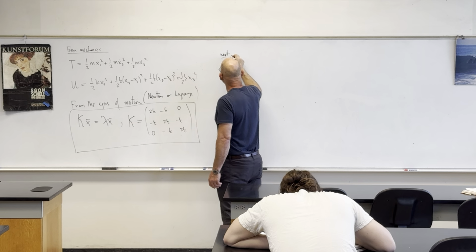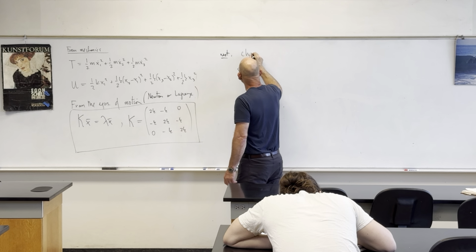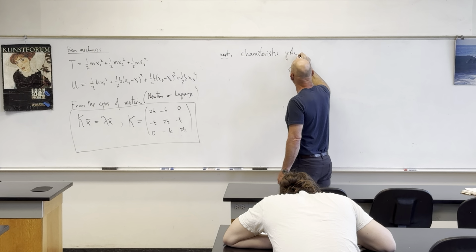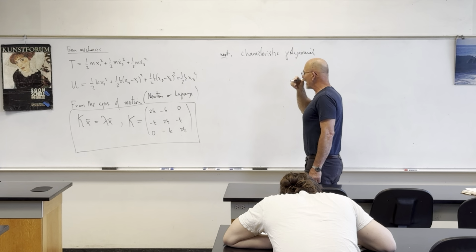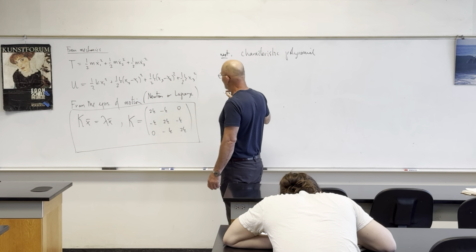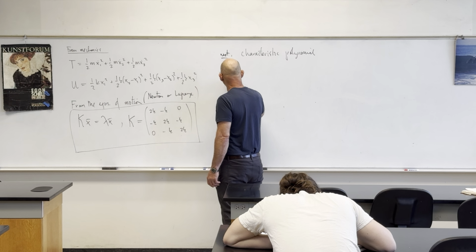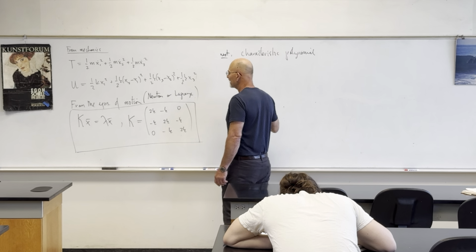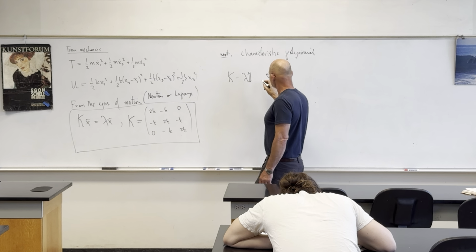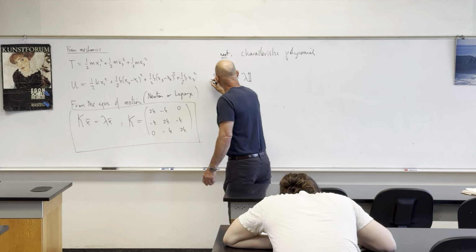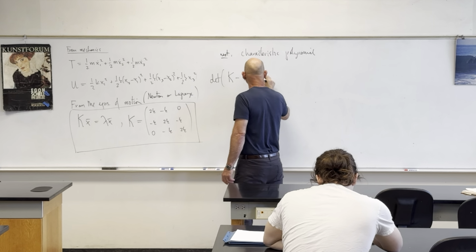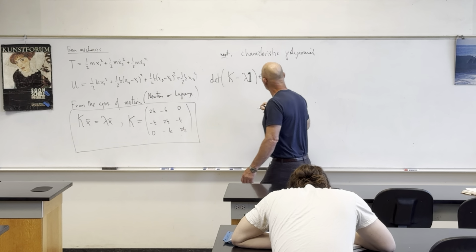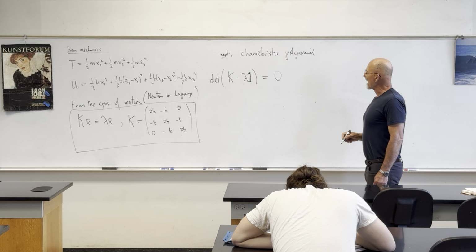So the next part of this problem would be the characteristic polynomial. And we're looking for eigenvalues that we're just going to call lambda. So we've got k minus lambda times the unit matrix. When the determinant is equal to 0, that's how we're going to find eigenvalues.